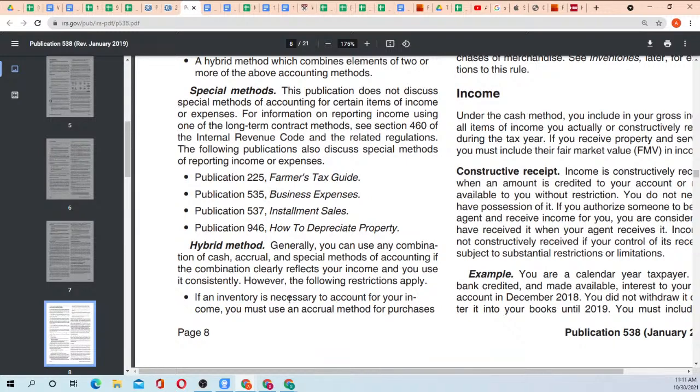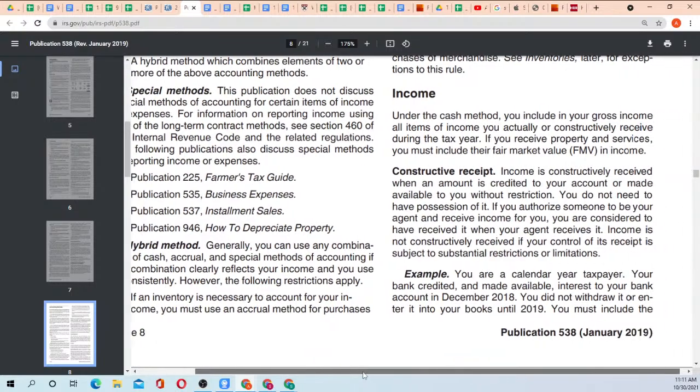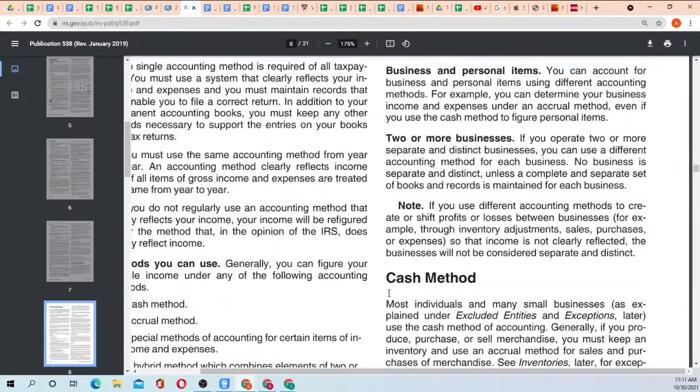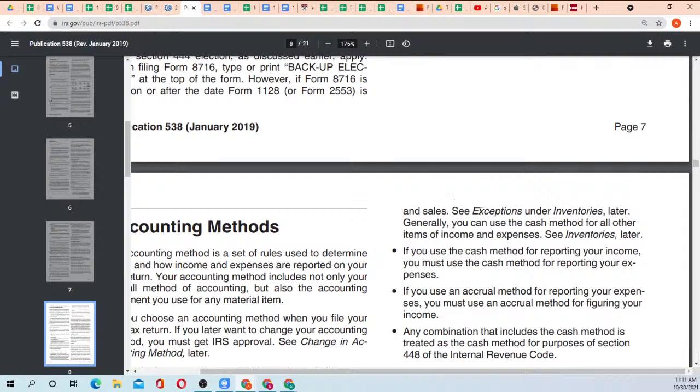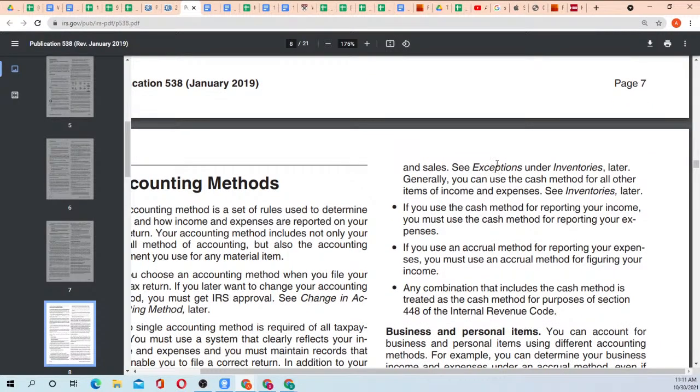If an inventory is necessary to account for your income, you must use an accrual method for purchases and sales. See exceptions under Inventories later. Generally, you can use the cash method for all other items of income and expenses.